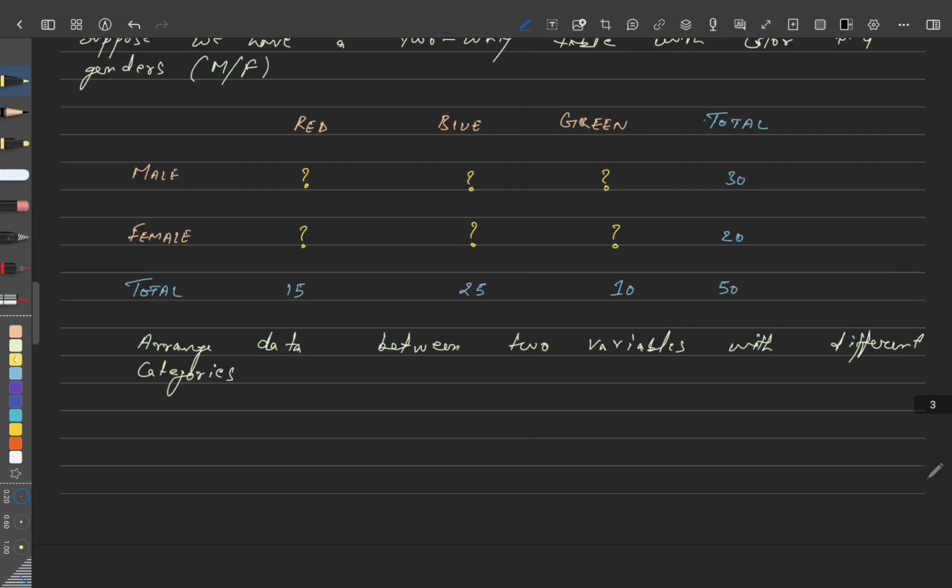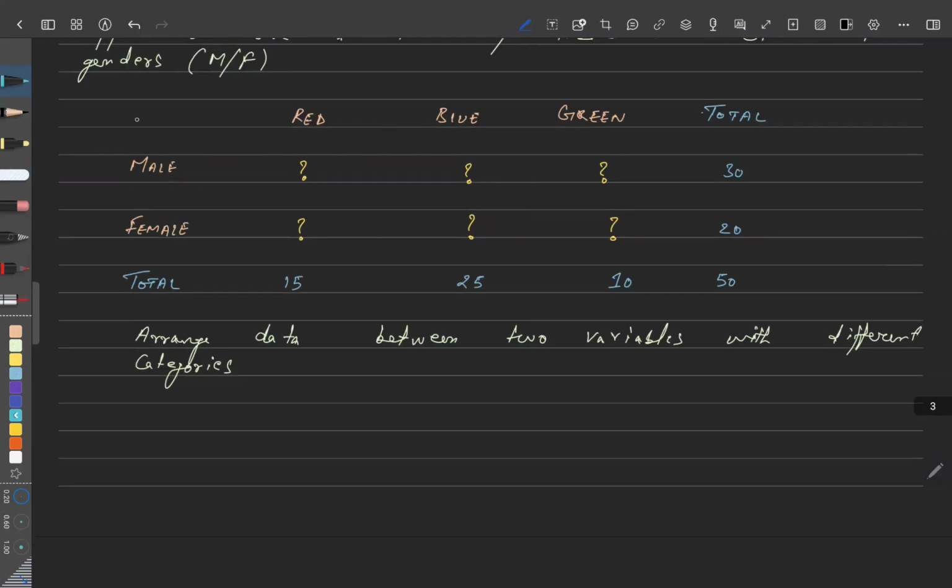Which two variables? Let's say we have gender here, and then we have a color here. So we have two variables, and each of these two variables have different categories. So gender has two categories, male, female.